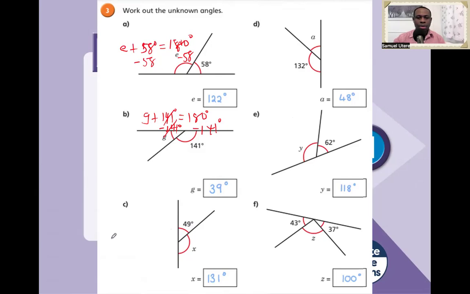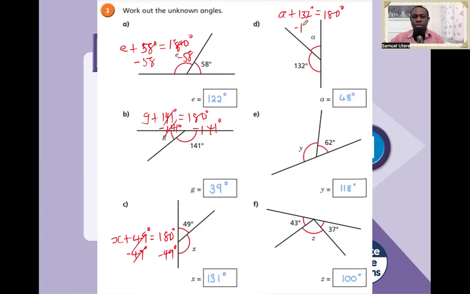Here we know that x plus 49 degrees is equal to 180 degrees. We subtract 49 degrees from both sides. That gives us our result. Here we have a plus 132 degrees is equal to 180 degrees.